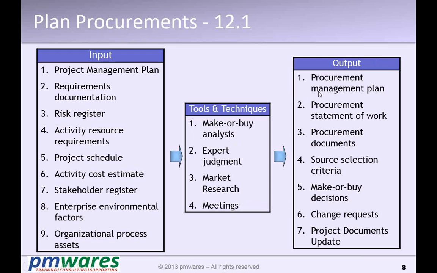All the processes, tools and techniques, and the terms and conditions we are going to follow need to be mentioned here. Then prepare the procurement documents, that is the bid, RFI, RFP, and prepare source selection criteria. So these are all part of the procurement management plan.